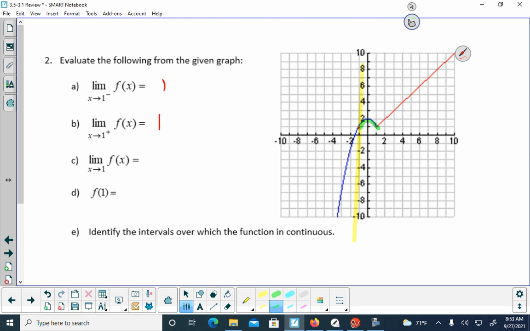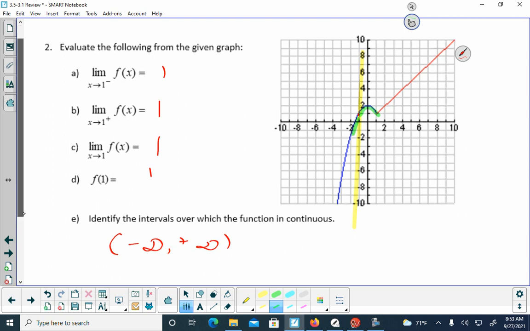And f of 1 is also going to be 1. So the reason why the limit exists, both sides exist, f of 1 exists, is because it's continuous at 1. In fact, looking at this, the function is continuous over the interval of -infinity to +infinity.